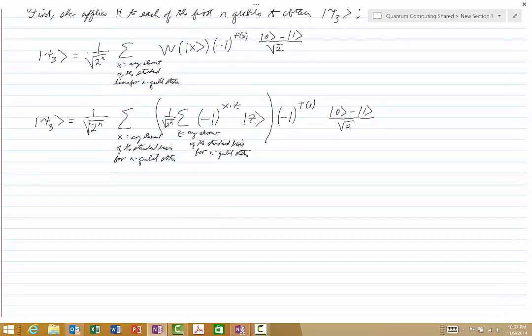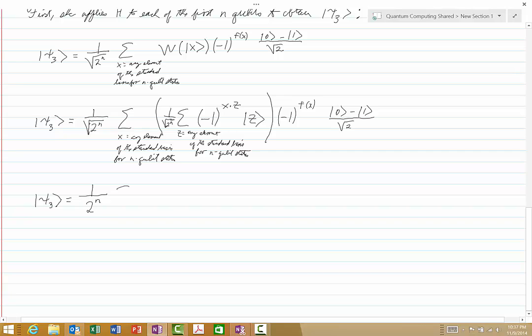And now all of this can be written a bit more compactly in the following way. We can take this 1 over square root of 2 to the n outside of the summation and combine it with this one, and we have 1 over 2 to the n, because it's 1 over the square root of 2 to the n times 1 over square root of 2 to the n, so it's just 1 over 2 to the n.